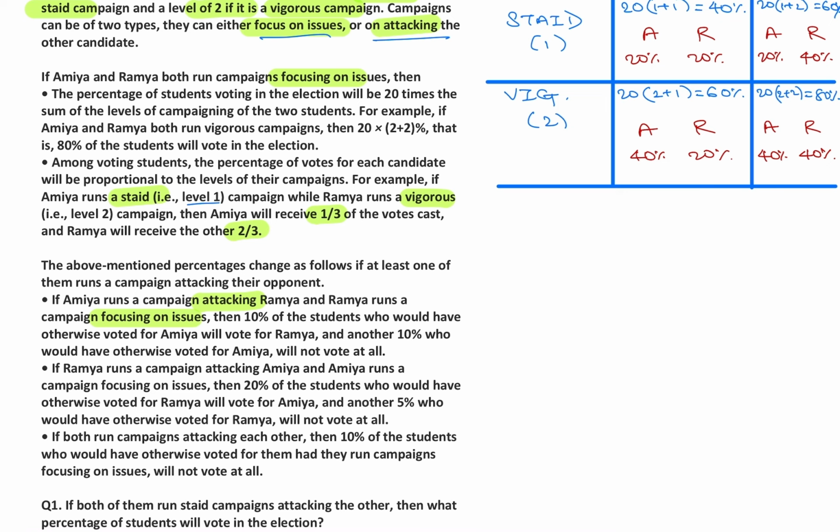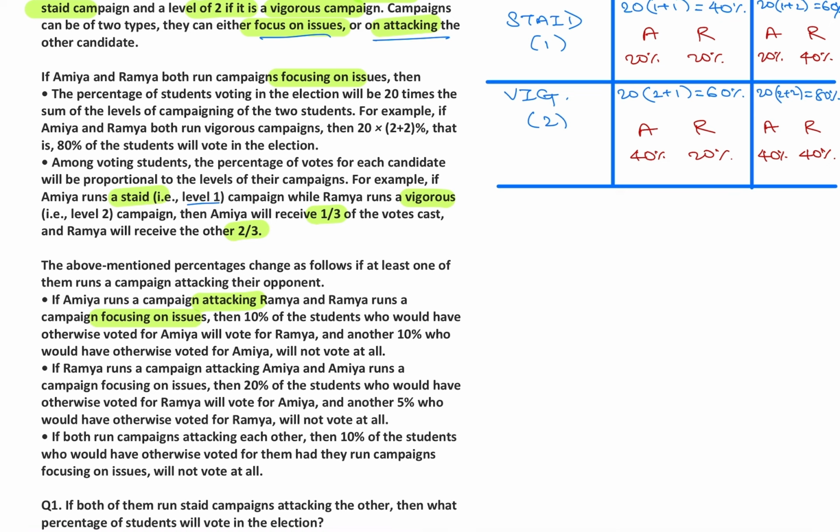then 10% of the students who would have voted for Amya will now vote for Ramya, and another 10% who would have otherwise voted for Amya will now not vote at all. So the person who is now taking the attack strategy will lose 10% of its voters to Ramya, and 10% of its voters will now not vote at all.